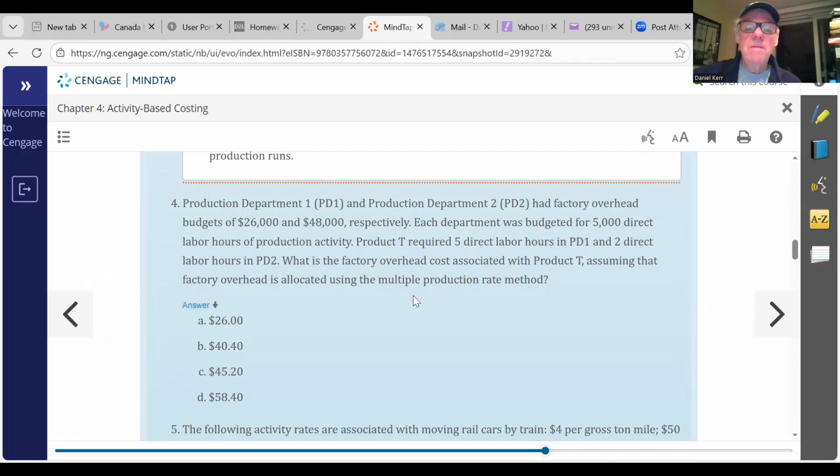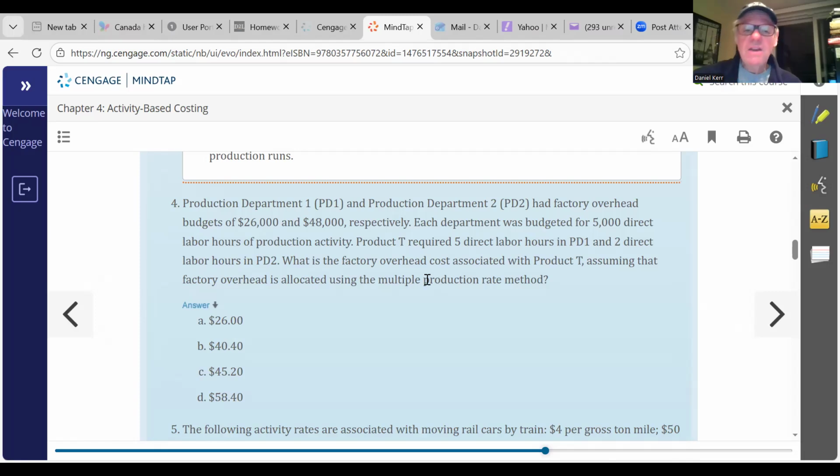Then you multiply by the amount of time in each department. So it's 5 hours in production department 1, so that would be 5 times 5.2, and 2 in production department 2, so that would be 2 times 9.6.